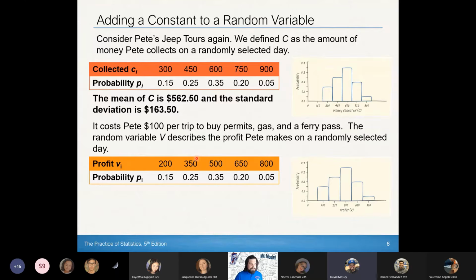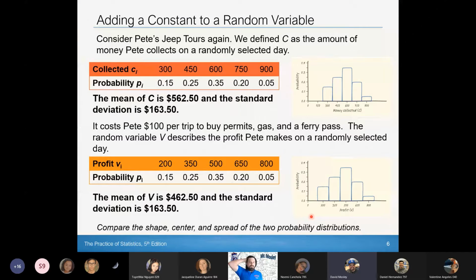Once again, we get the same exact looking shape with slightly different numbers on the bottom for the profit. Now we get the mean for V as 462.50, exactly $100 less than the mean of C.